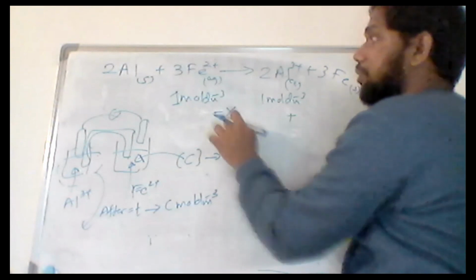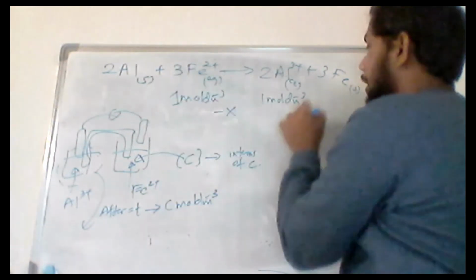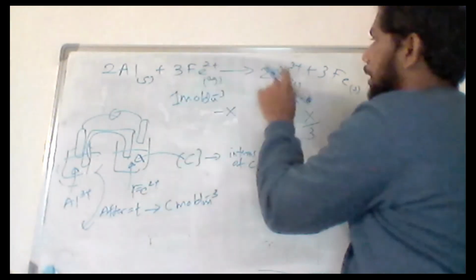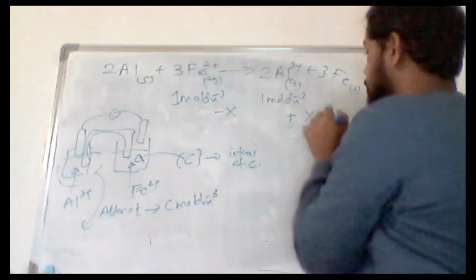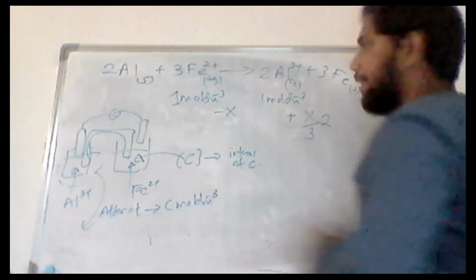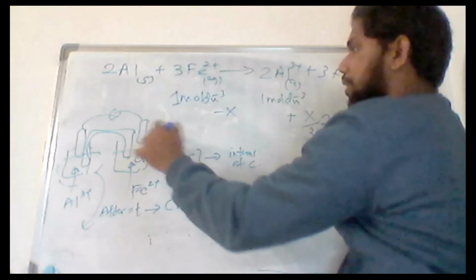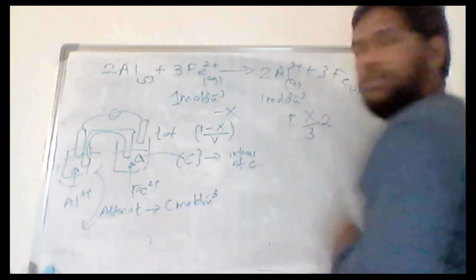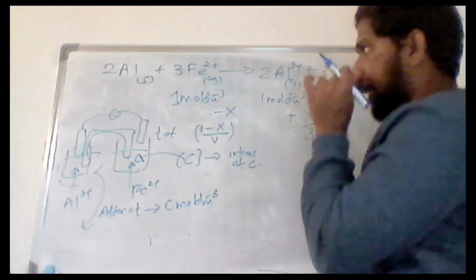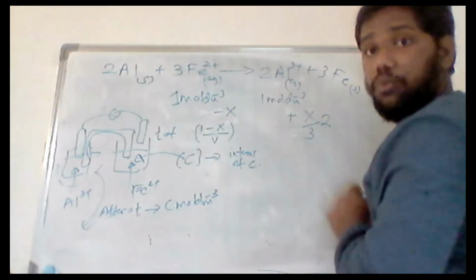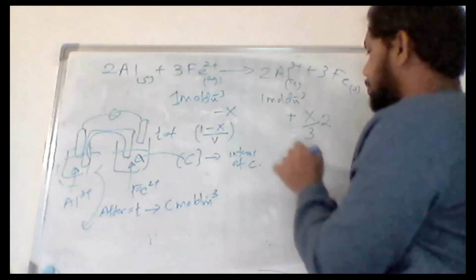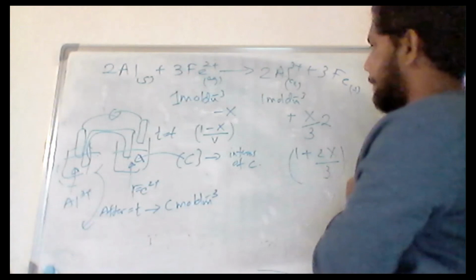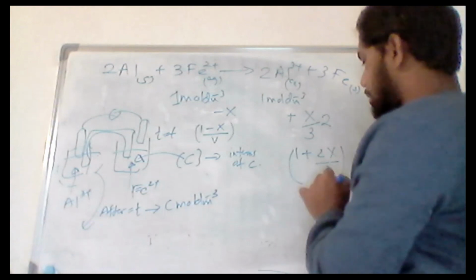What is the stoichiometric ratio? X over 3 for 1 Fe2+, and the aluminium 3+ is 2 times, so this should be 2. So the concentration after time t here is 1 minus X over V, if you take the volume as V, and if you take this as 1 mole. And here it should be 1 plus 2X over 3, and this is over V.